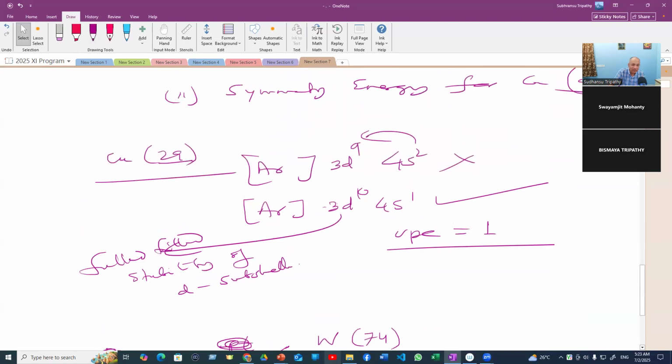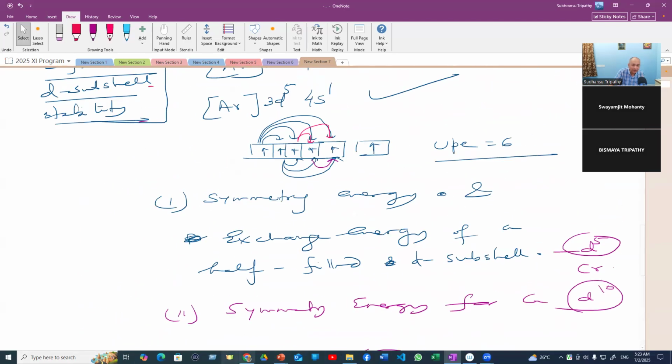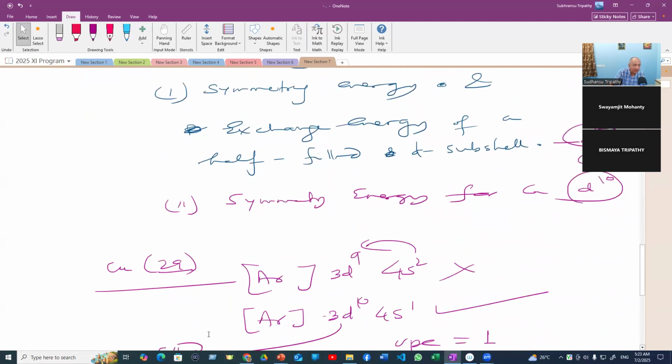The simple answer I wrote, symmetry energy and the exchange energy, is for getting a full mark in your board examination if at all you get a question. Why this anomaly? But the reality lies in quantum mechanics, the calculation. Such anomaly is not found in tungsten. It is found in chromium, and below chromium is molybdenum.